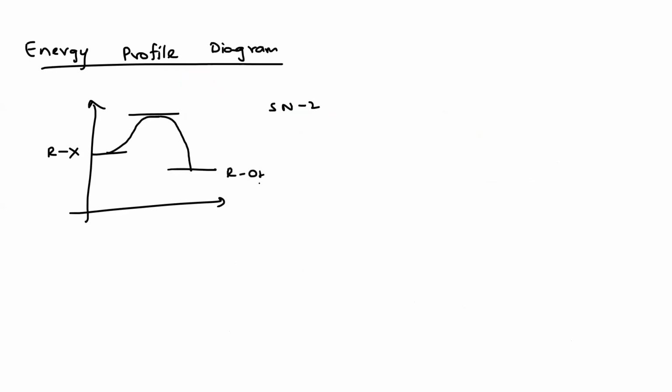That's an alcohol. So this reaction should be exothermic, because the product is at a lower energy level than the reactant. That's the reactant and that's the product, so the product has less energy. That makes sense. Right.